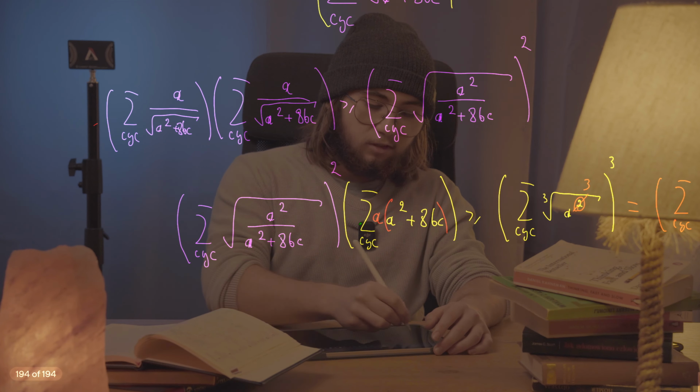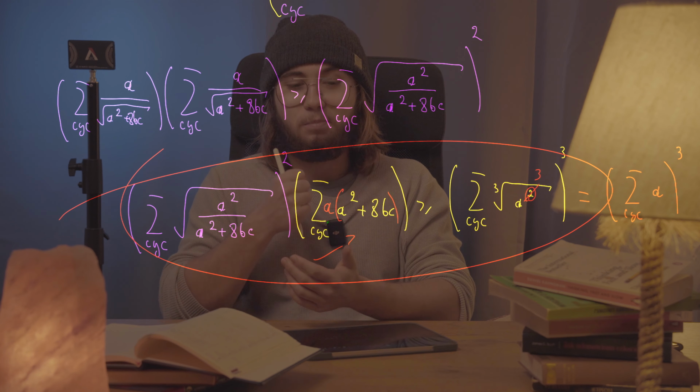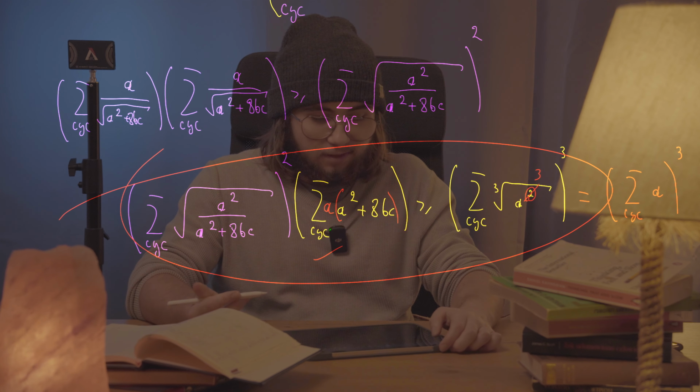So it doesn't change the right hand side at all, it just remains a 1. Then after squaring both sides, I multiply both sides through by the cyclic sum of a times a squared plus 8bc. But this thing is not a fraction, not a square root, it's just a cubed plus 8abc. Without a single problem there.